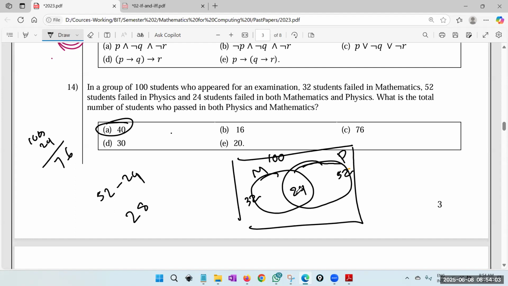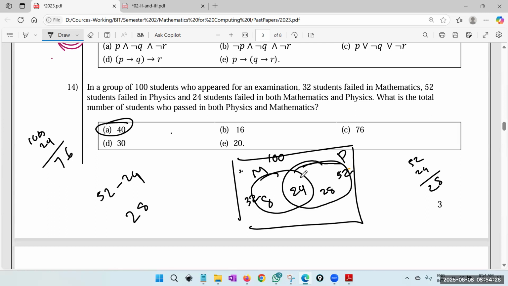Now, how can we proceed? Now, this is 32 minus 24, 8. This is 52 minus 24, 28. Now that means we can find this also.